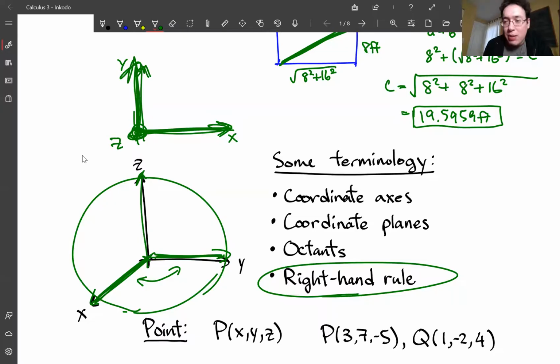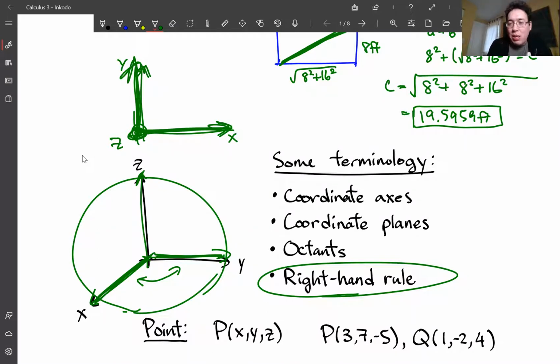Okay, if you think this is confusing, if it's difficult to determine which finger goes with which axis, what you could do is point your four fingers in the x direction and curl them towards the y direction, and your thumb will point towards the z-axis. I want you to do that on the screen.